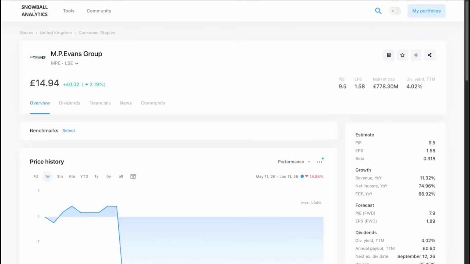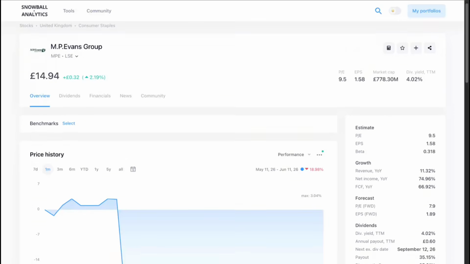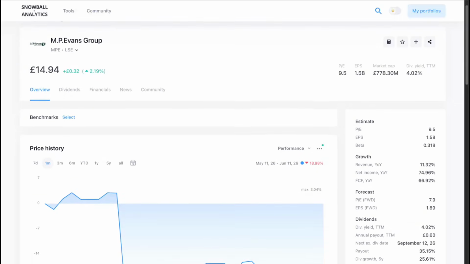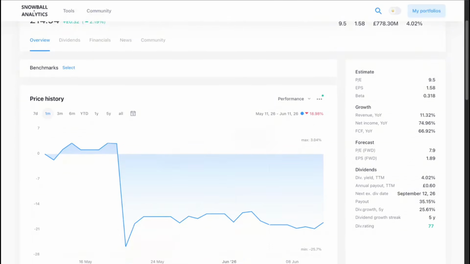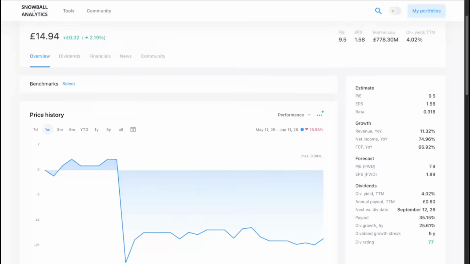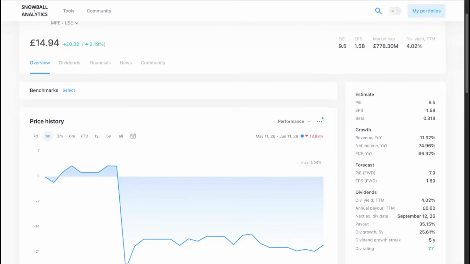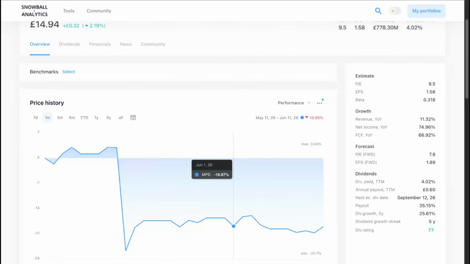£59.61. Next up, I'm going to be adding to my MP Evans position, stock ticker MPE. The reason for this is because they've fallen off the edge of the cliff over the past month, being down 19%. This means their dividend yield now sits at over 4% again, and they only have a payout ratio at 35% with a fantastic 5-year dividend growth rate at over 25%, and they have a consistent 5-year dividend growth streak.